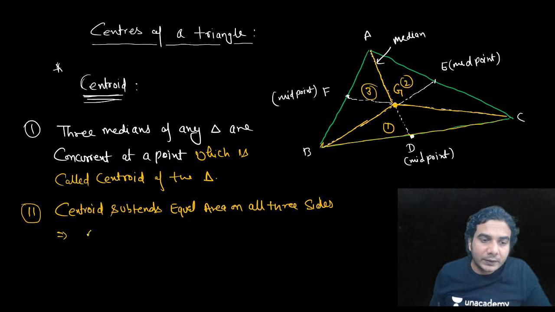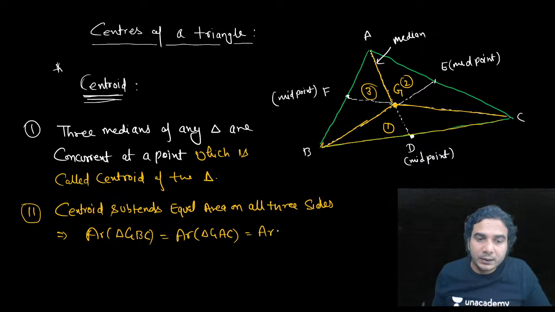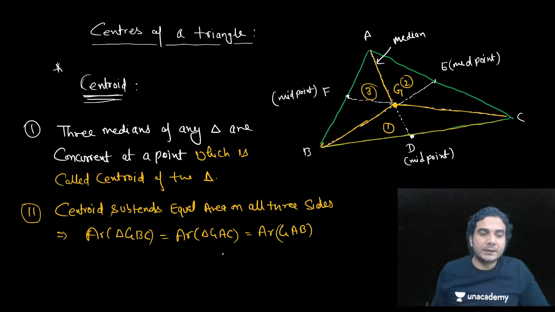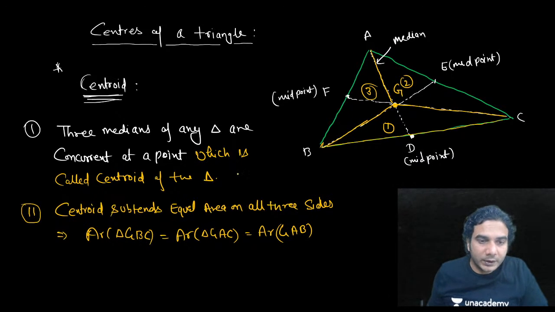This means the area of triangle GBC is equal to the area of triangle GAC, which is equal to the area of triangle GAB. I hope you have understood this point.